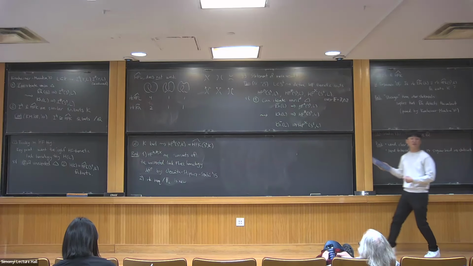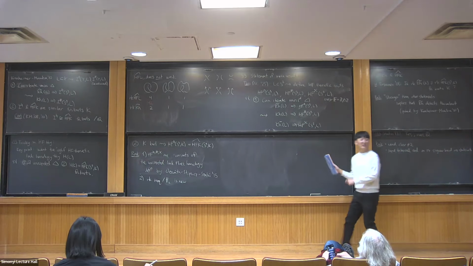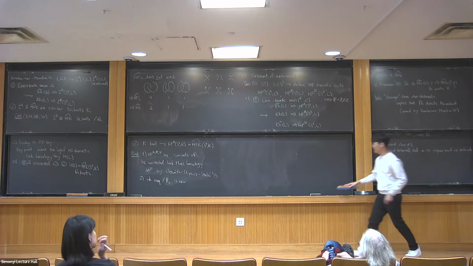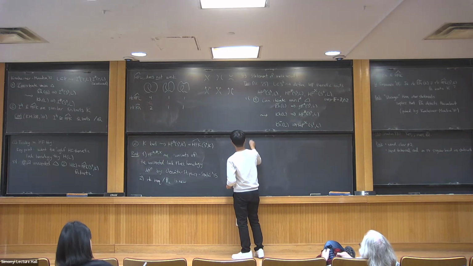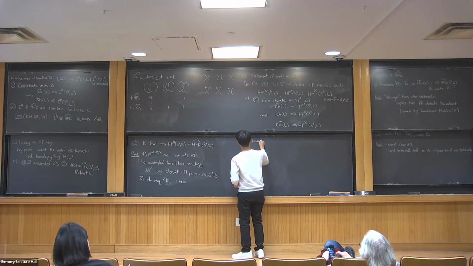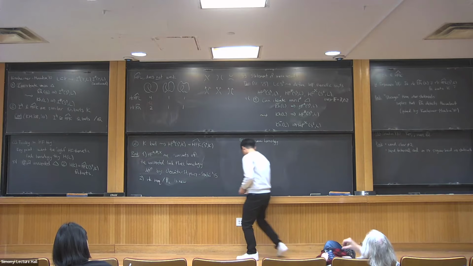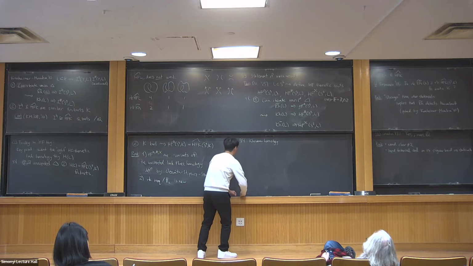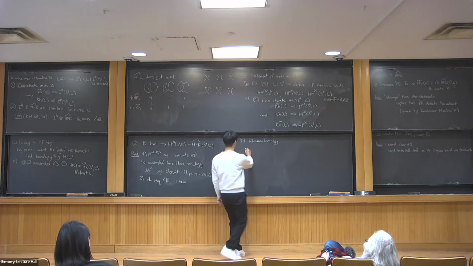So I would like to first introduce these Khovanov groups to draw parallels between them. So until now, I've been mostly focusing on the reduced version of Khovanov homology.